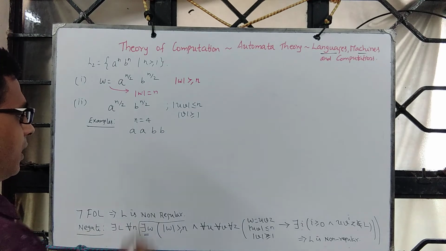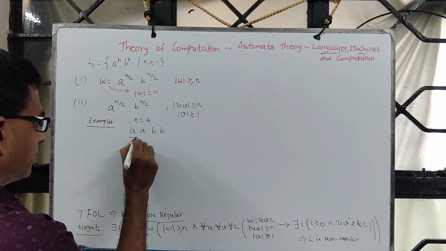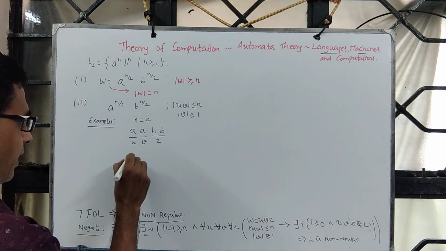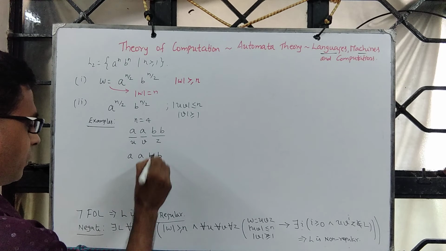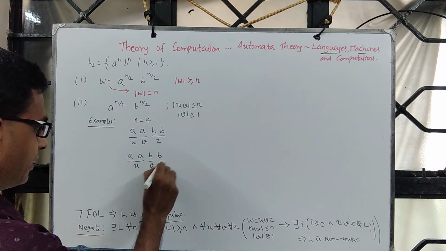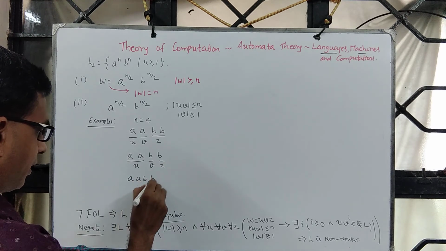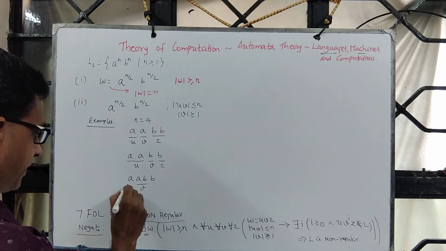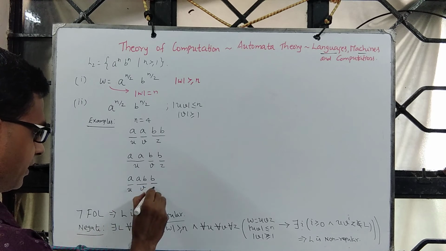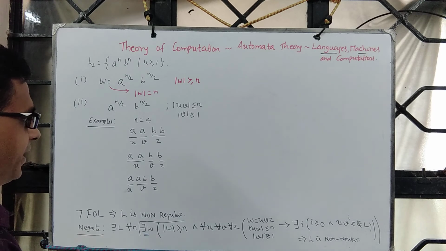Fine. Now one case I can say this is U, this is V, this is Z. And another case is, one can say this part is U, this part is V, this part is Z. Or we can say this part is V, this part is U, and this one is Z. Okay, so there are three cases.